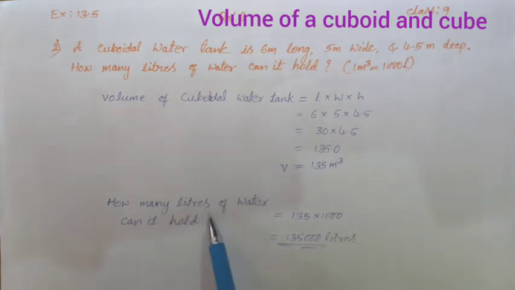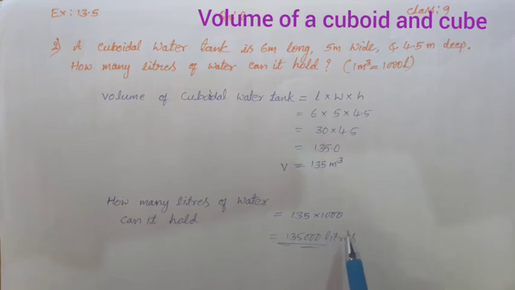So how many liters of water can it hold? 135 into 1000 is 1,35,000 liters of water that the cuboidal water tank can hold. Okay students, in this way we can find answers to some other questions from your exercise 13.5.